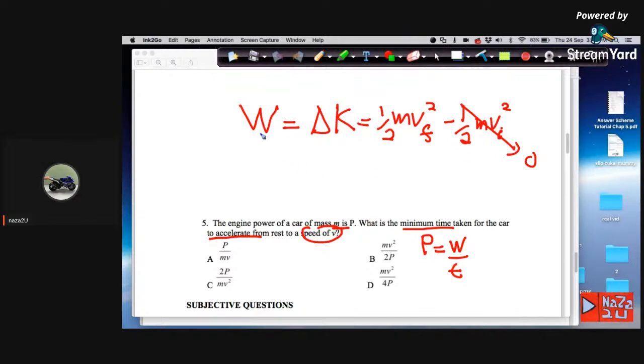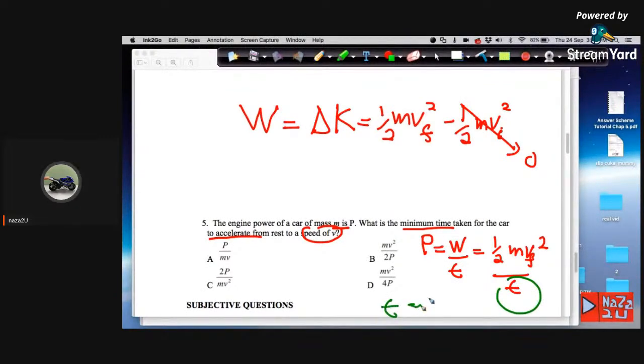Okay, so now we have the W here. W is equal to half m vf square divided by time t. So now the question asks you to calculate the time taken, t.